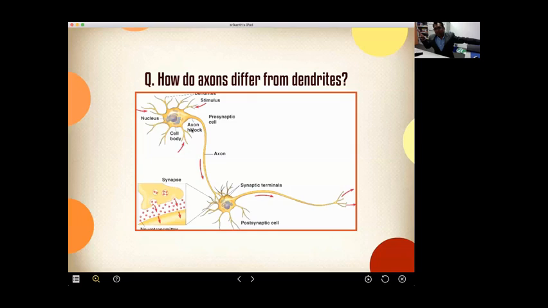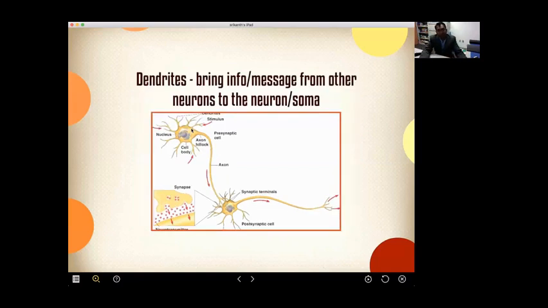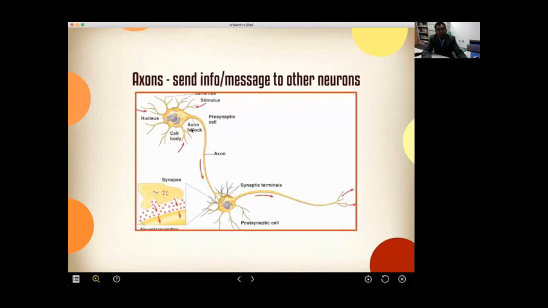So one difference between dendrites and axons is that dendrites take the information in, they bring the information to the cytosol or the cell body, and the axons take the information away from the cell body or cytosol. So dendrites bring information from other neurons to the soma, and the axons take the information away from the neurons.